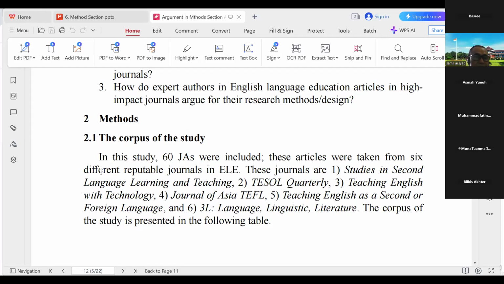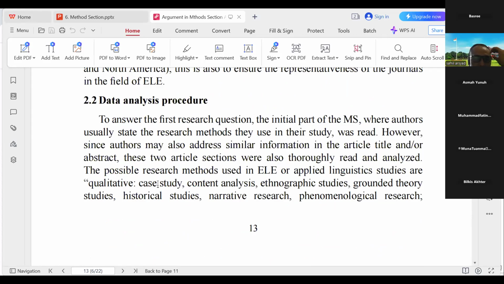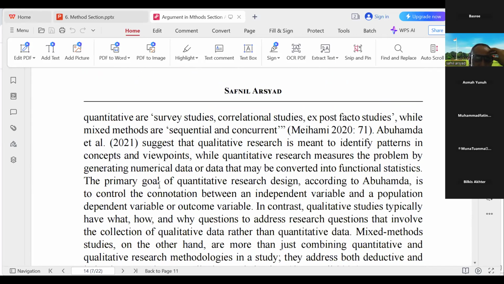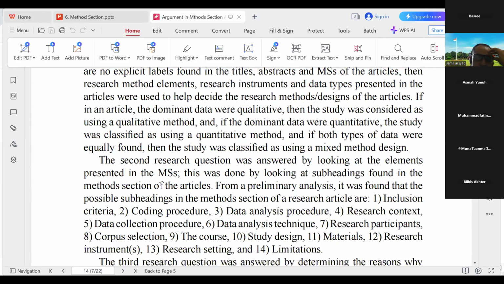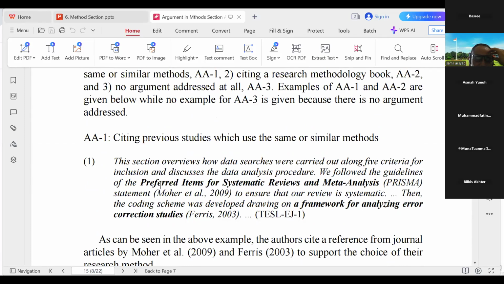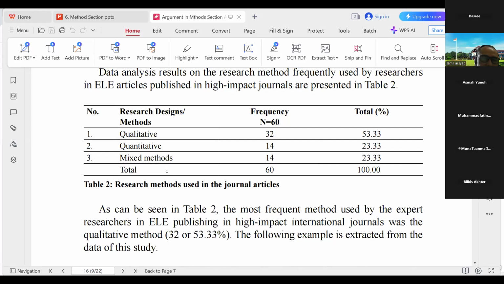Although I don't declare or address the research design, it can be concluded that I use qualitative, because this is a text analysis. So someone can conclude that I use a qualitative approach, because I did a text analysis study. The same thing here.